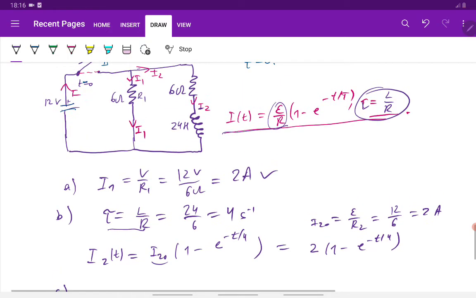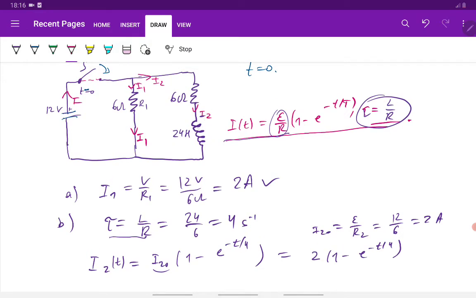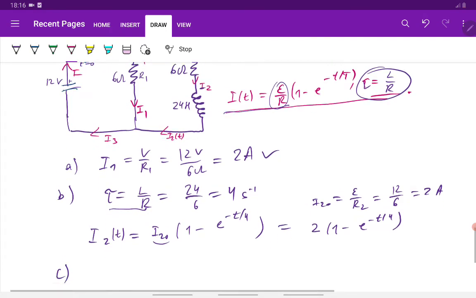we need to find current through this voltage source. So we will have here different, since the current is not lost during this. So we will have here, I think, output current I of t. So here we will have I3, which is going through this direction.